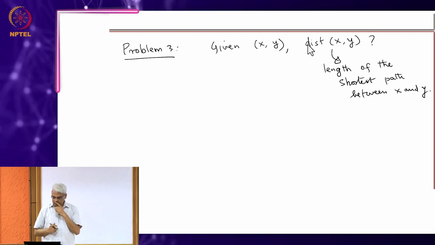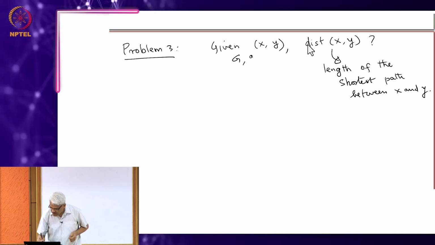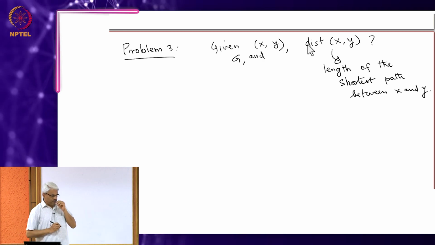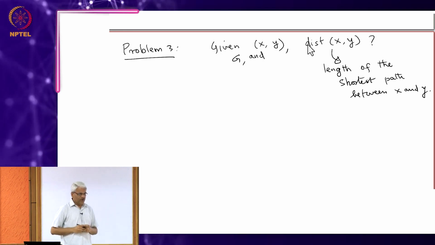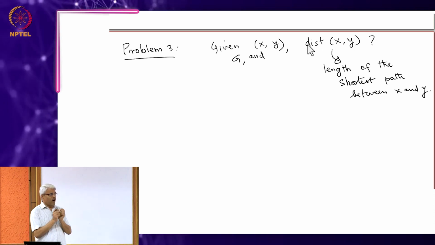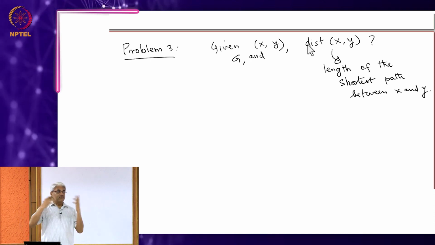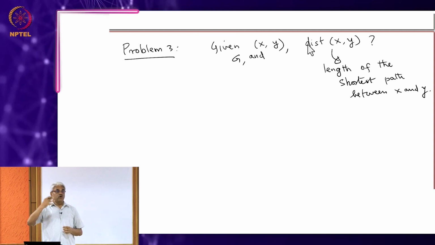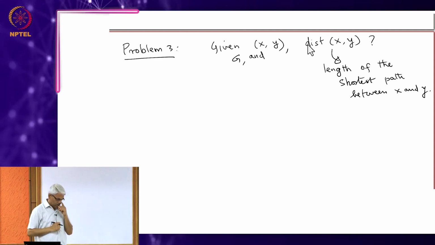But this problem, so again I forgot to say, given your G and x, y. Now, think about this problem, even if I store one edge less, because x and y are arbitrary, the query is going to come for arbitrary x and y and ask me about the path between x and y, right.